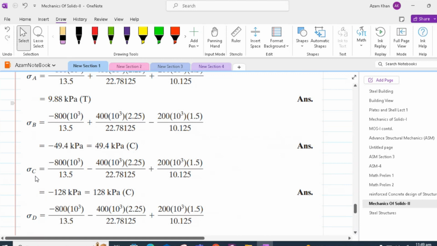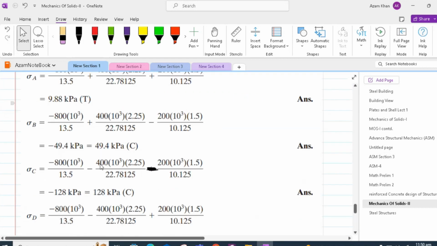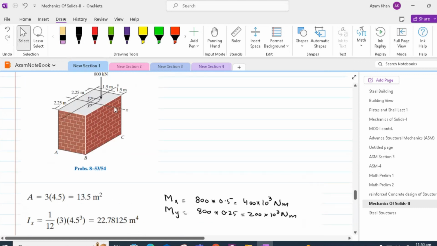Sigma C would have x positive 1.5 and y positive 2.25. Hence, both the second and third terms will be added, and we would have the maximum compressive stress of 128 kilopascals developing in the first quadrant.